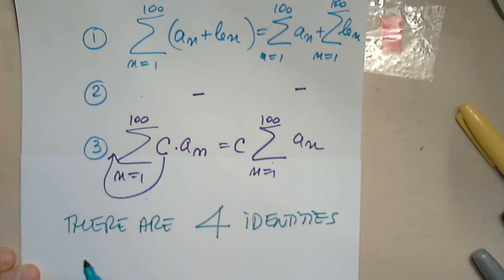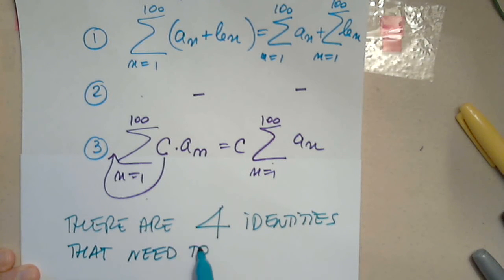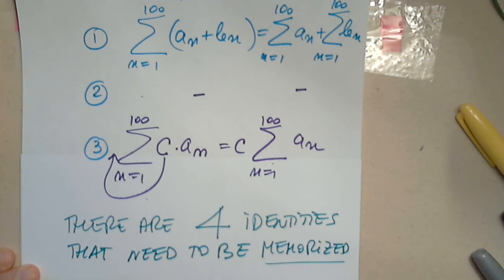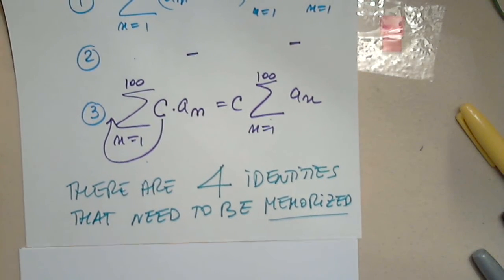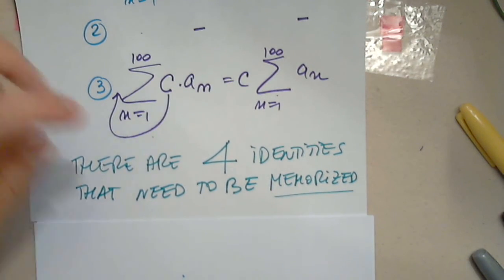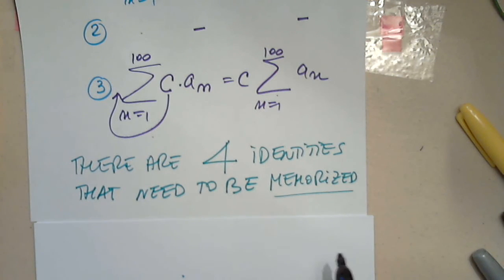There are 4 identities that need to be, and I don't like that, memorized. If we understand something, we don't have to memorize it. It will always stay with us. This is very easy to prove, but however, we need to memorize the answers of 4 identities. Again, I don't like that, but every once in a while we need that.